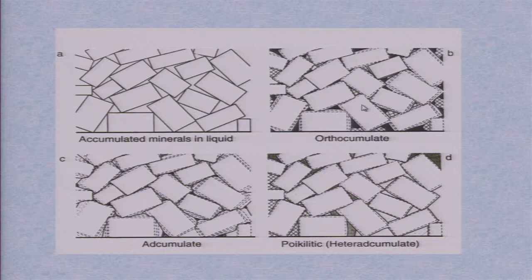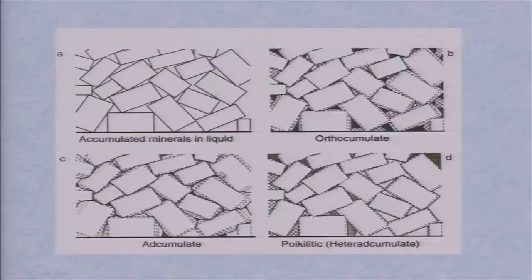So in a sense you have pyroxene phenocryst, and at the same time you have phenocrysts of other mineral compositions such as olivine or maybe pyroxene. So, this is orthocumulate. The next one is adcumulate, and the third one is poikilitic or heteradcumulate, which I have already discussed earlier.